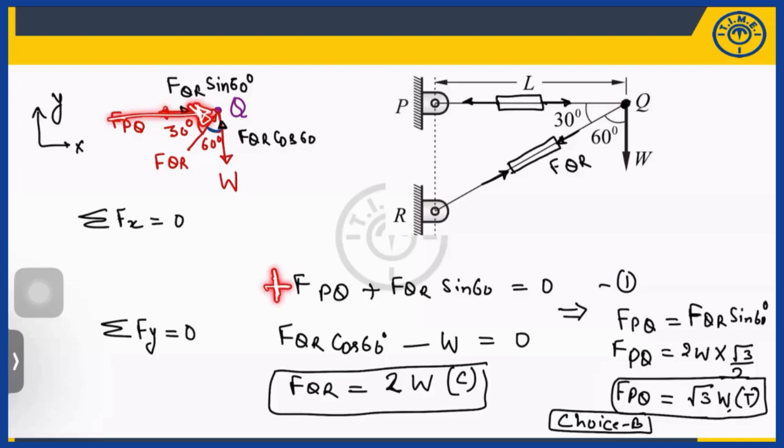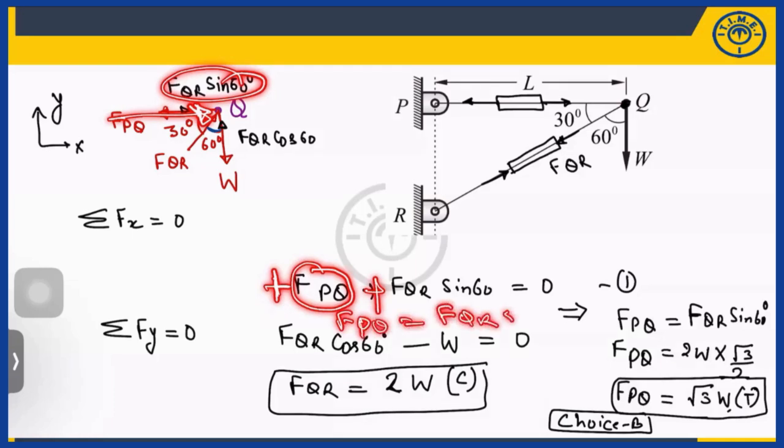Here it will come positive. F of PQ is positive, and F of QR sine 60 is also positive. That means F of PQ is equal to minus F of QR sine 60. Yes or no? F of QR you already got 2W. That means this F of PQ you will get as a 2W value.